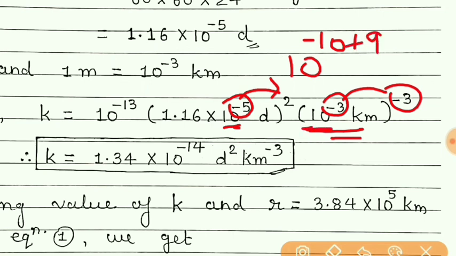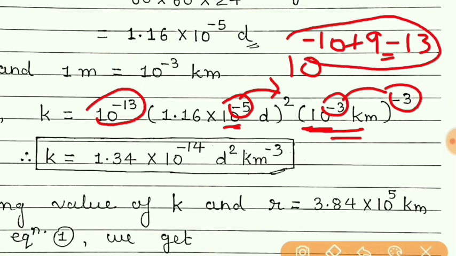So power of 10 will be 9. And here already power of 10 is minus 13. So power of 10 will be the summation of this. In this way you can calculate.